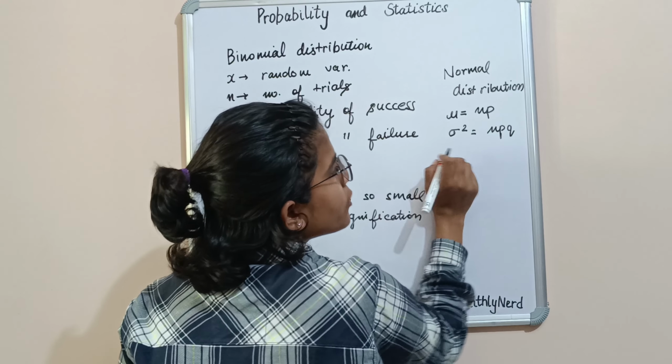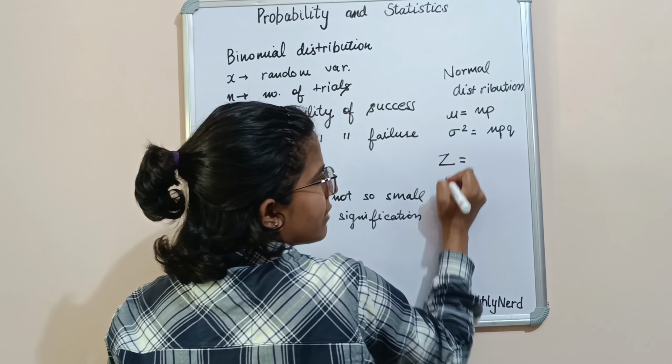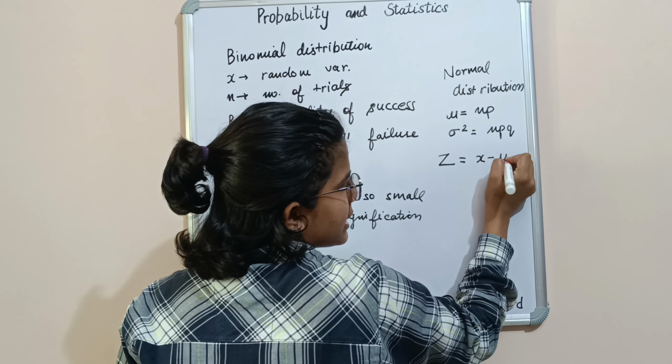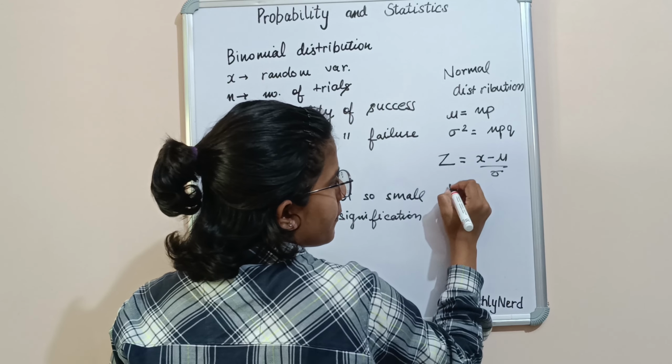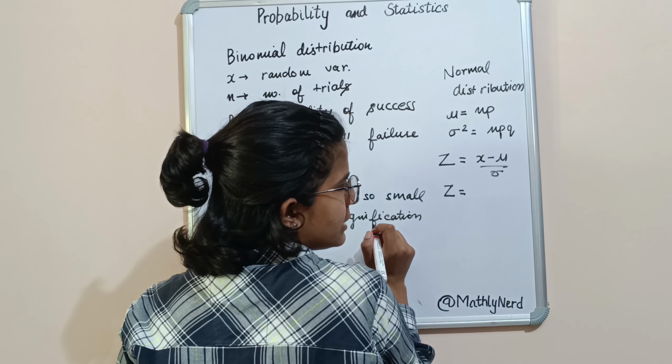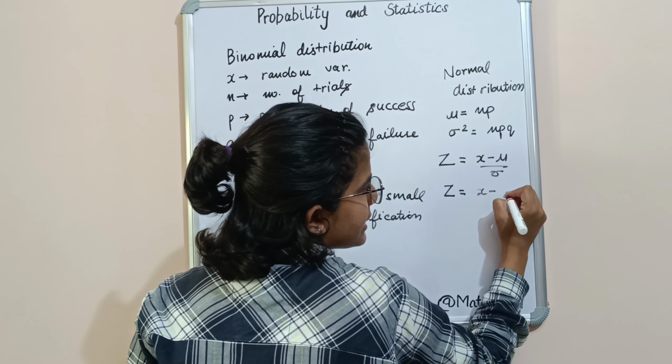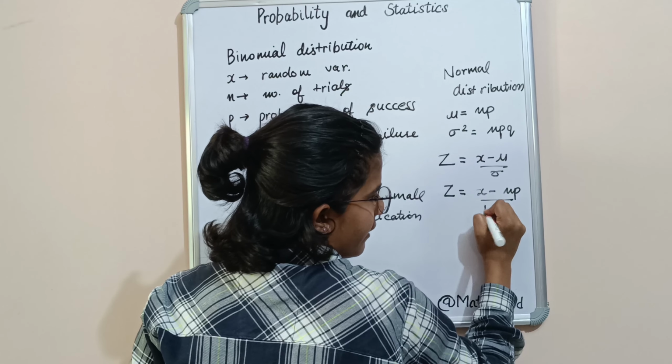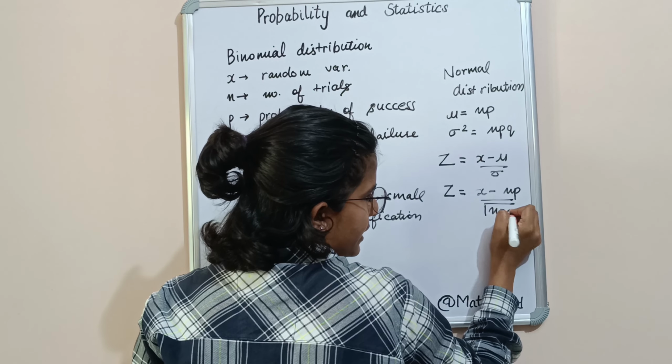The standard normal variate z will be equal to, as we know, x minus mu by sigma, so z will be equal to x minus np divided by under root npq.